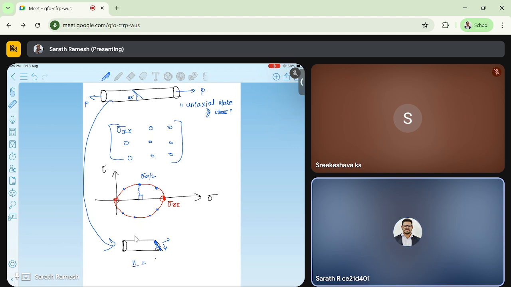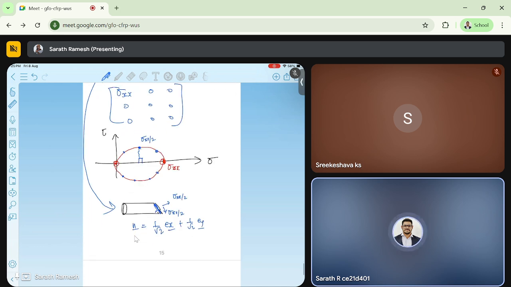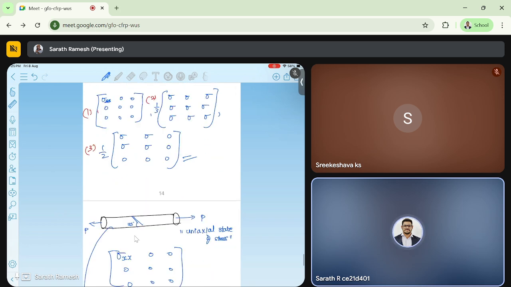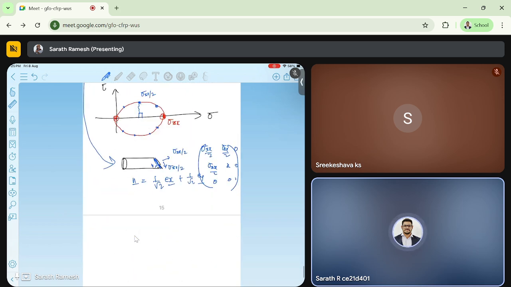The normal is 1 by root 2 ex plus 1 by root 2 ey. Using this, we can compute: it is sigma xx by 2, and this is also sigma xx by 2. So for this plane, the stress tensor is sigma xx by 2, sigma xx by 2, 0; sigma xx by 2, sigma xx by 2, 0; 0, 0, 0. This is option 3. So this actually represents this 45-degree plane.